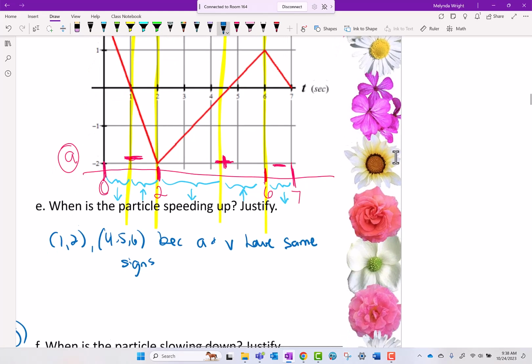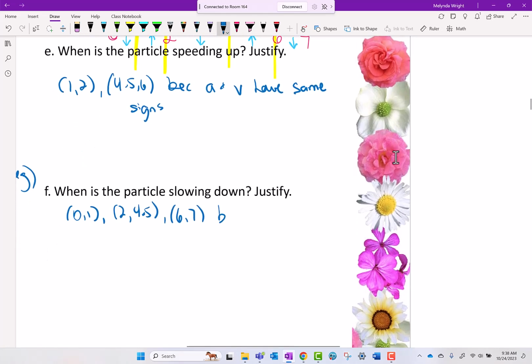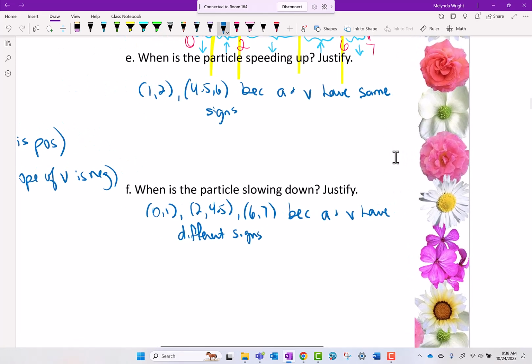Okay, so slowing down. Let's look at down. It's between 0 and 1, between 2 and 4.5, and between 6 and 7, because acceleration and velocity have different signs. Okay, and that is it.